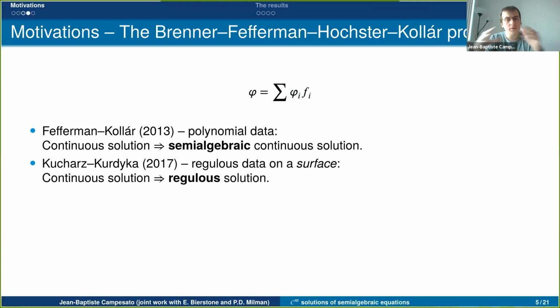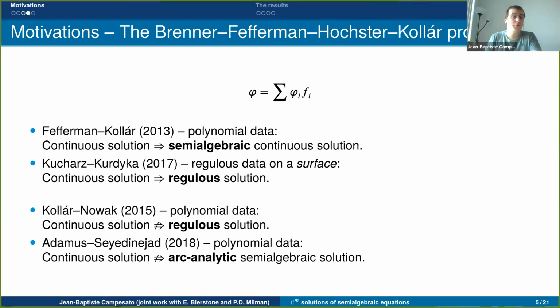So a regulous function is a rational function that can be extended continuously everywhere on the Euclidean space, or plane here. And so Kucharz and Kurdyka proved that when you start with regulous functions, so continuous rational functions, phi and F_i, the existence of a continuous solution, so the existence of continuous phi_i, implies the existence of regulous solutions.